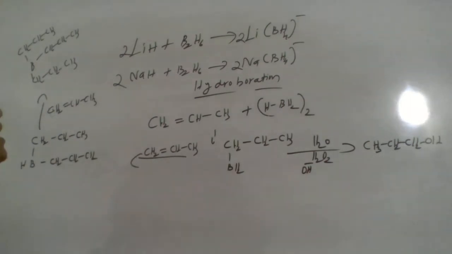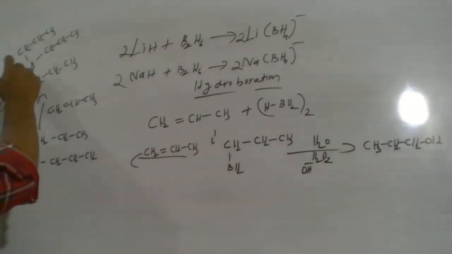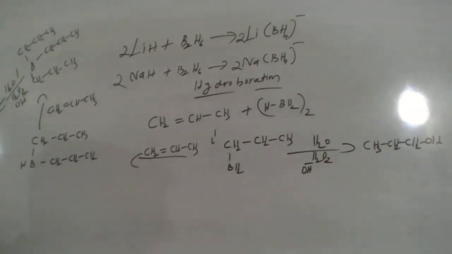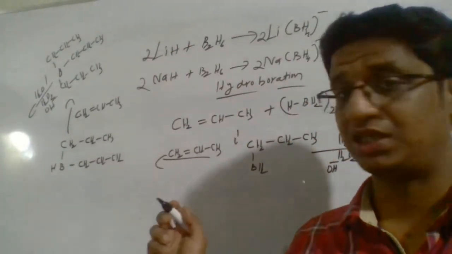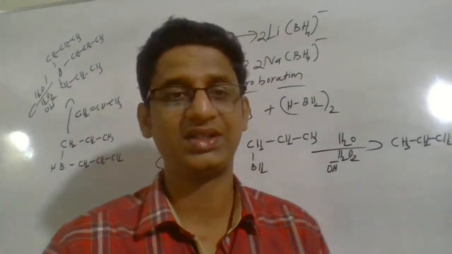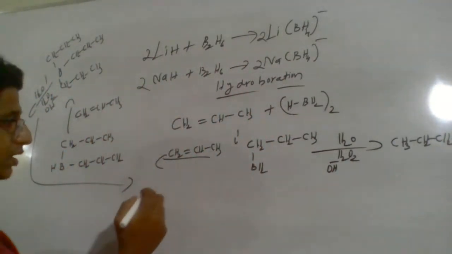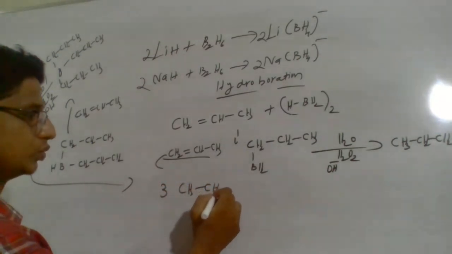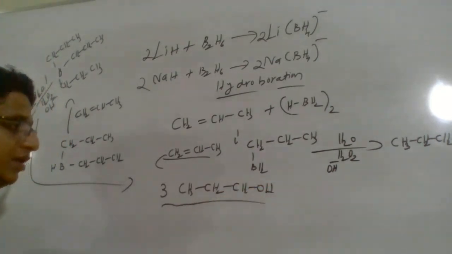So trialkylboranes you are going to get, which on hydrolysis in the presence of hydrogen peroxide in alkaline medium give alcohol again, but this time 3 moles of the same product. It will be CH3CH2CH2OH. So this will be our final product.